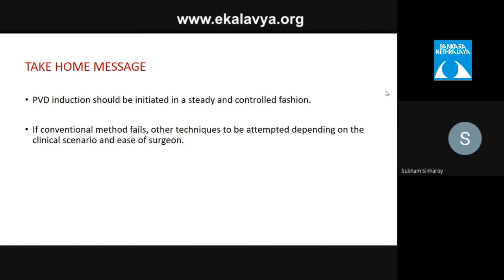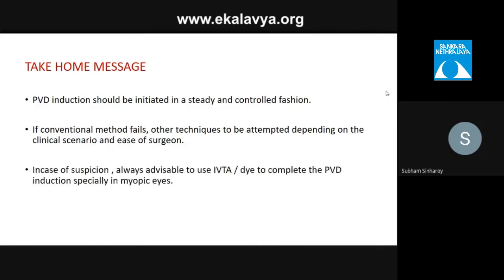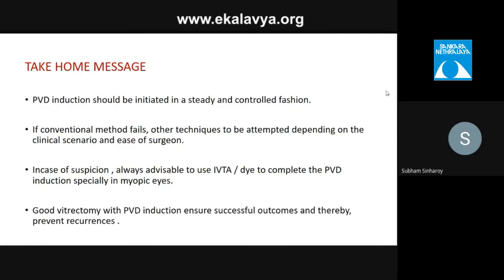If there is a doubtful situation, or if the surgeon is not convinced about the PVD induction, it is always advisable to use an IVT or a dye for better visualization to complete the vitrectomy and PVD induction, especially in myopic eyes, as I have shown in the video. As we have discussed, a good vitrectomy with PVD induction always ensures a successful outcome and thereby prevents recurrences.